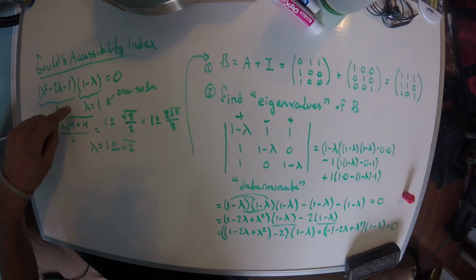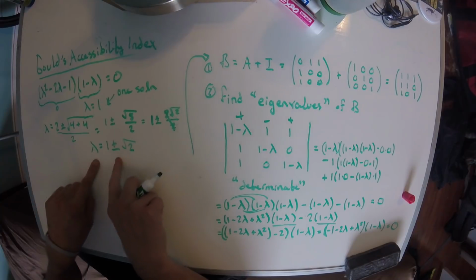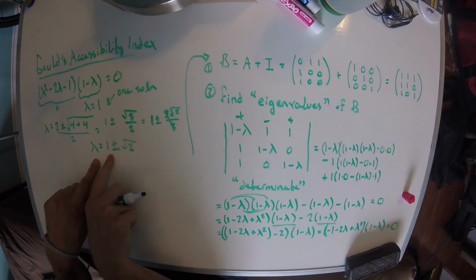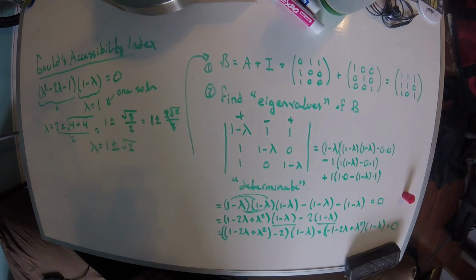So we've got lambda equals 1, we've got lambda equals 1 plus square root of 2, and lambda equals 1 minus square root of 2.